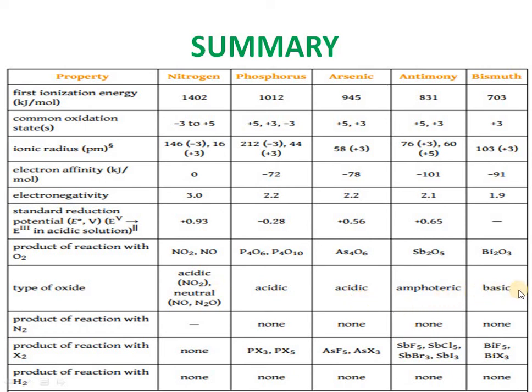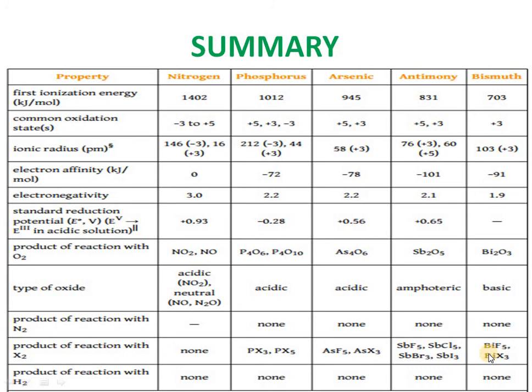You know the metal oxides are basic in nature. With nitrogen, they do not combine or form any products. In case of halogens, it is PCl3, PCl5. These are less commonly found. And here bismuth, BiF5, BiCl3.